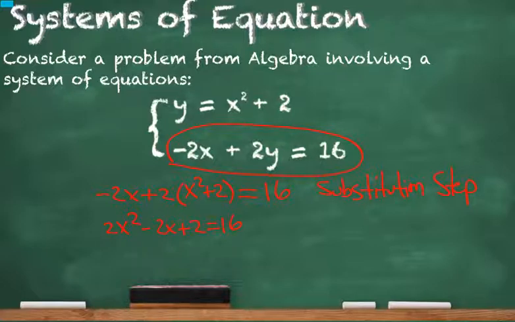And since we see this as a quadratic, let's get 0 on one side. And now we can apply factoring to it, and we can solve for the x variable.